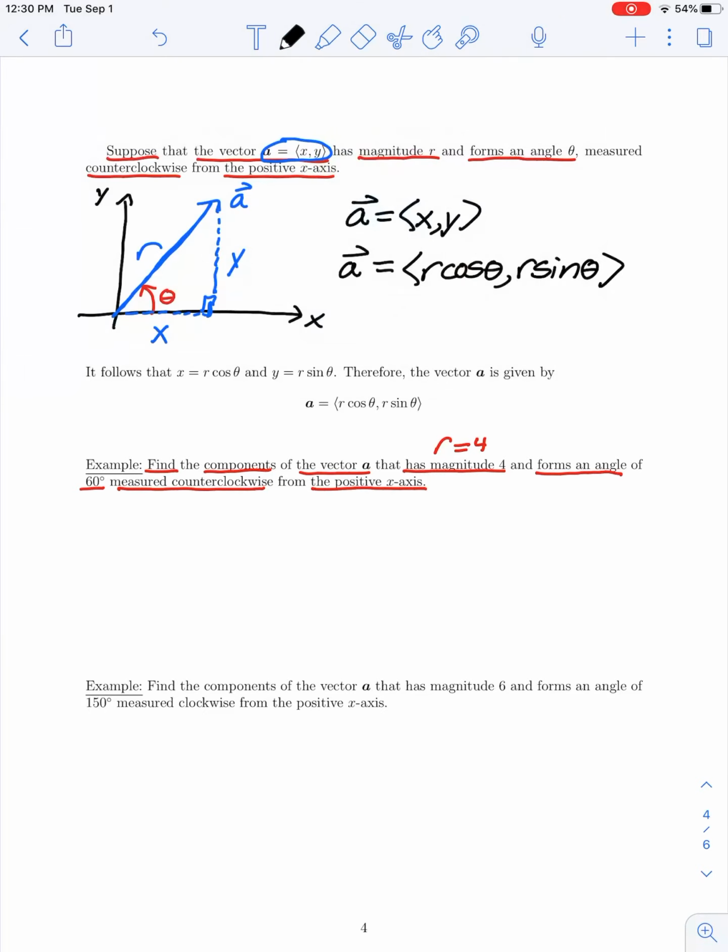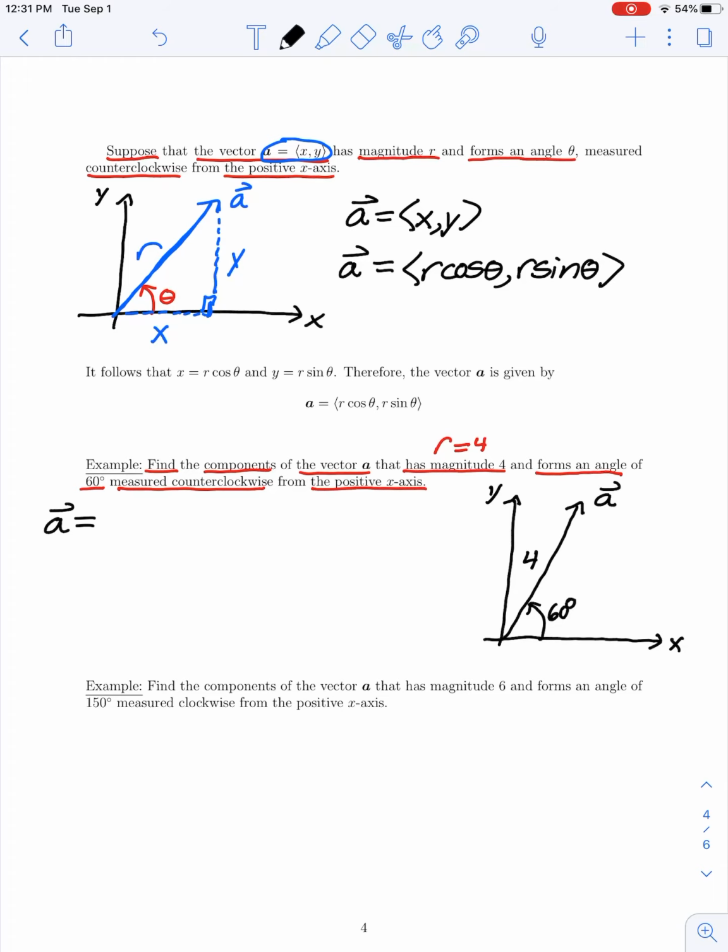So let's visualize it first. We have in the xy plane some vector of magnitude 4. Let's call it A. And we were told that it formed an angle of 60 degrees rotating counterclockwise from the positive x-axis. And we want the components of that vector.